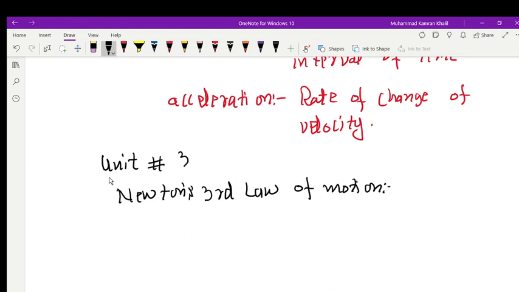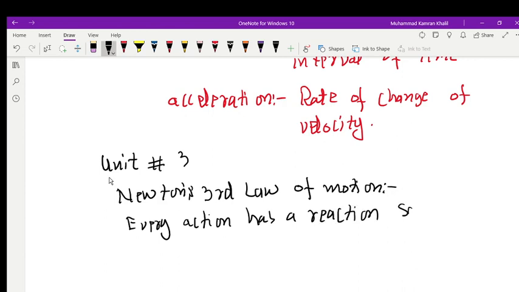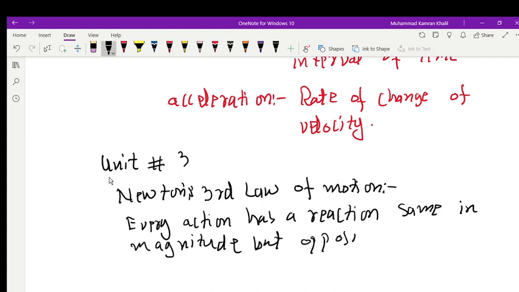It says every action has a reaction, same in magnitude but opposite in direction. So that is the first definition related with topic 3, dynamics, forces.